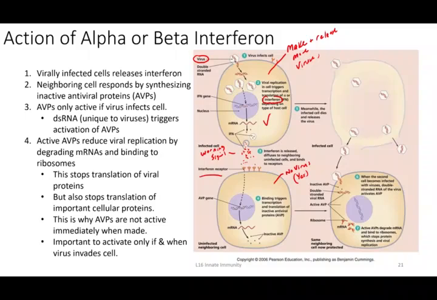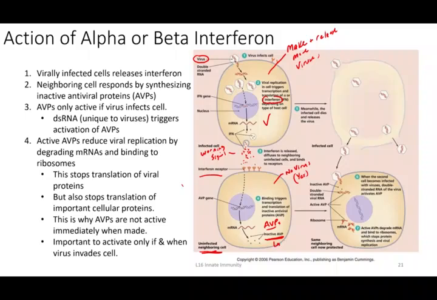There's a virus in a nearby cell, and it is possible and likely probable that a virus may enter this cell in the near future. And so the way in which this neighboring cell responds is by manufacturing what are called antiviral proteins, or AVPs for short. Now, when these antiviral proteins are made, they are inactive. So they are not active yet.